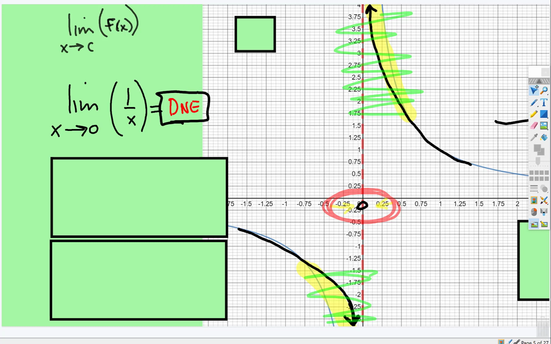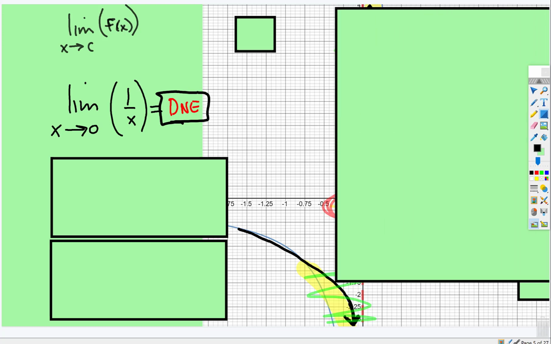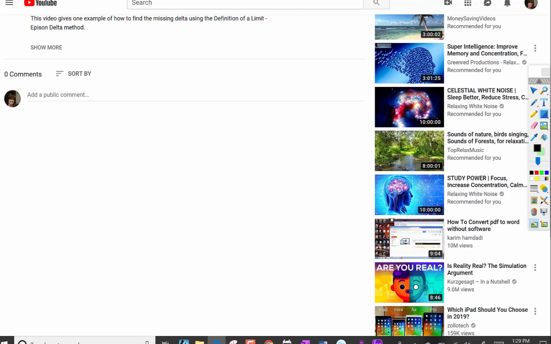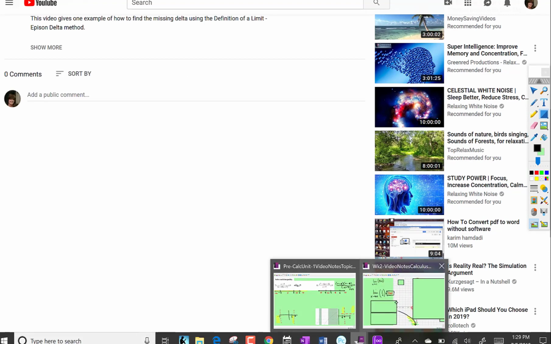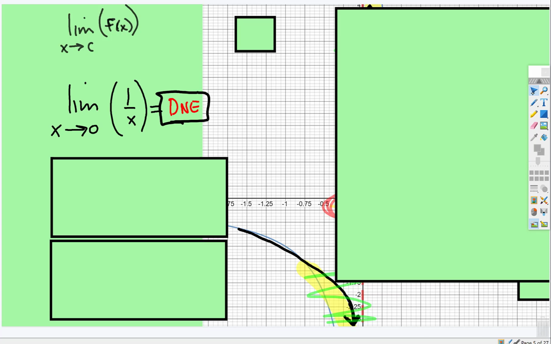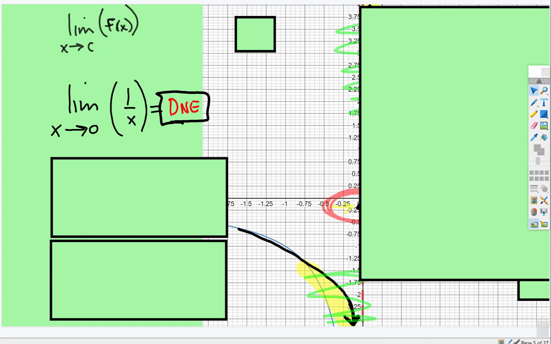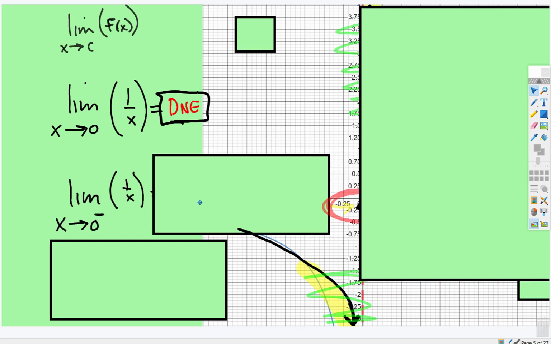Okay, however, what if I said the only part of the graph that I want you to look at is the left side. That raised negative sign means from the left. Well, now what is this height doing?